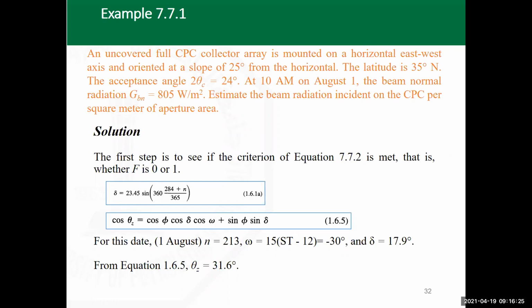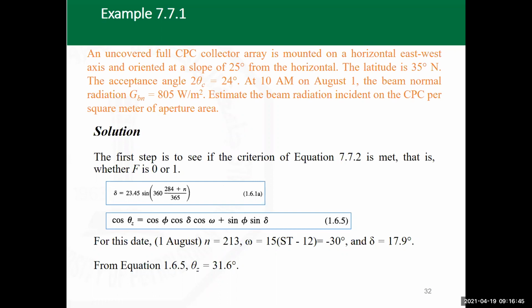The latitude of the city where the collector is placed is 35 degrees north. The acceptance angle 2 theta C is 24. We are making the measurements at 10 o'clock in the morning on the 1st of August.